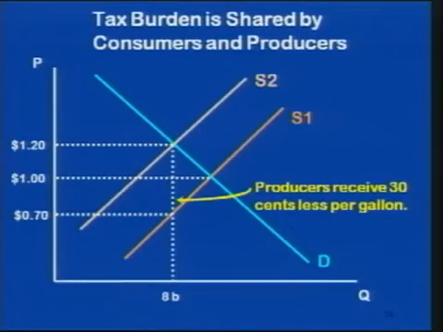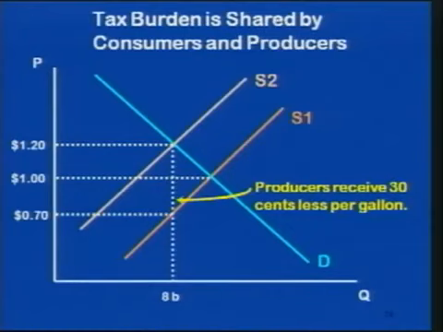Okay, so we've got a 50-cent tax. The government's taking 50 cents out of every gallon that's consumed, but the price only rose 20 cents. What that means is actually producers are having to pay the other part. That 20 cents is what consumers pay. Producers pay the other.